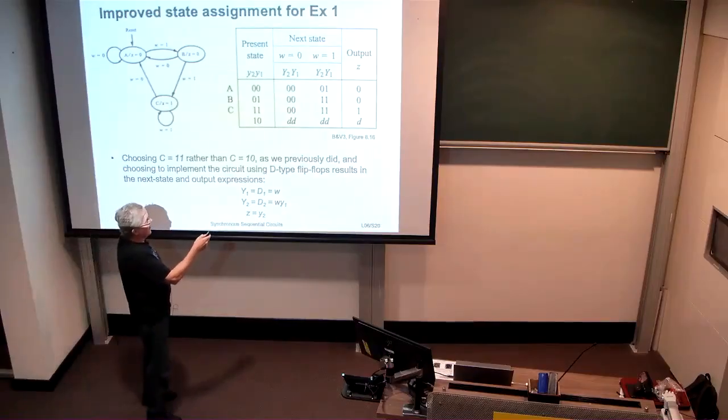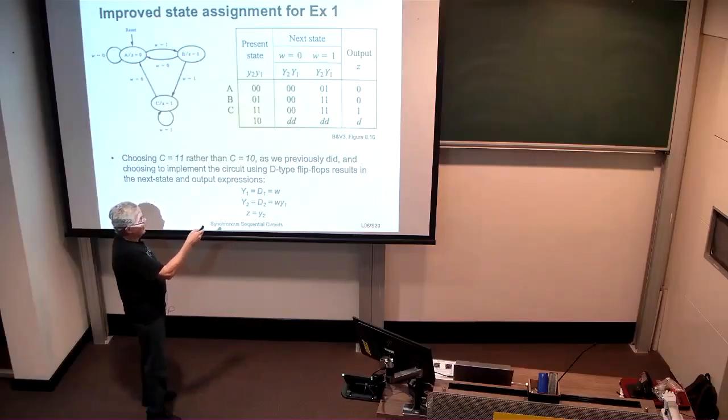We can then see that for capital Y1, it's 1 in every row when W is 1.